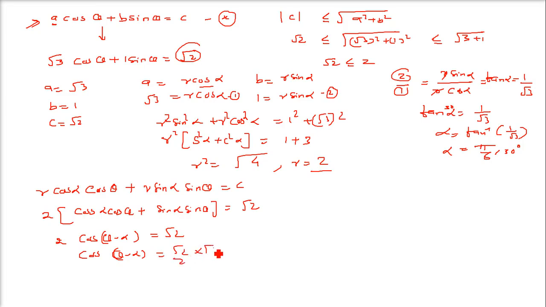Now multiply root 2 in numerator and denominator, you get 2 here, you get 2 root 2 here. So this is nothing but 1 by root 2. So you have cos theta minus alpha, but alpha is pi by 6 here. Now put pi by 6 here, equal to 1 by root 2. But we know 1 by root 2 is what? It is cos 45 degree or cos pi by 4. So cos theta minus pi by 6 is cos pi by 4.